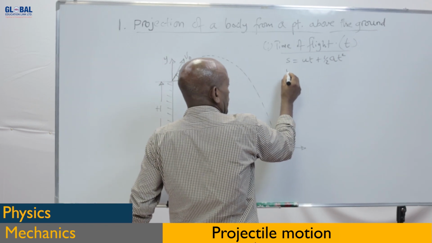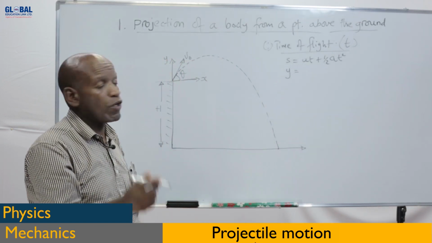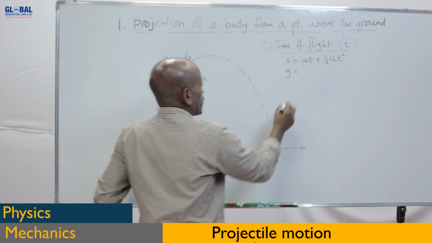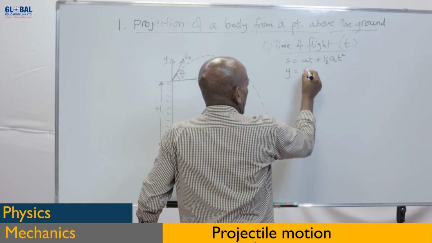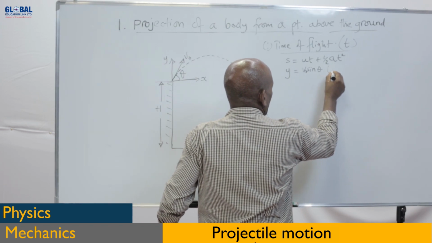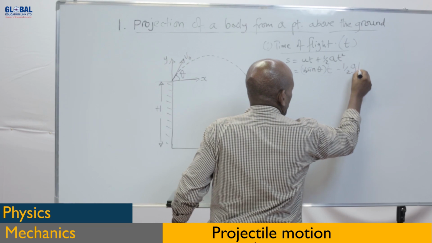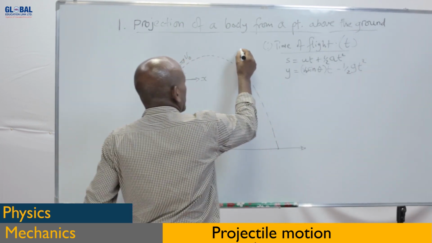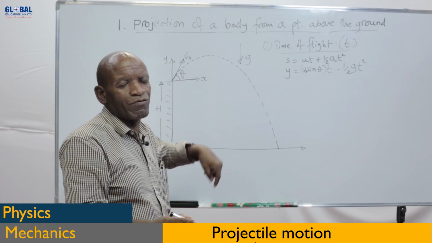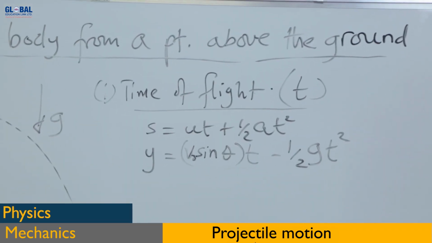Here we take y, using the vertical component velocity, resolving v naught to the vertical, which is v naught sine theta times t, minus a half times g t squared. Remember, the acceleration due to gravity always acts in the negative y direction, and that's why we give it a negative sign there.